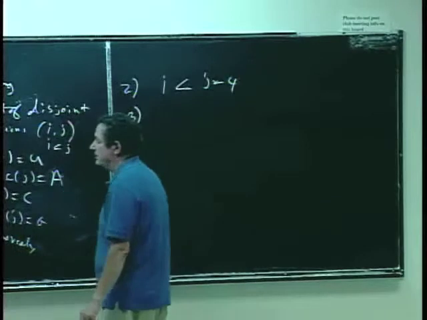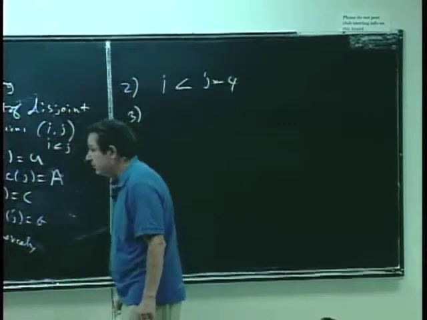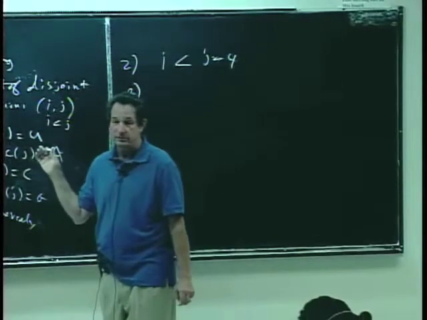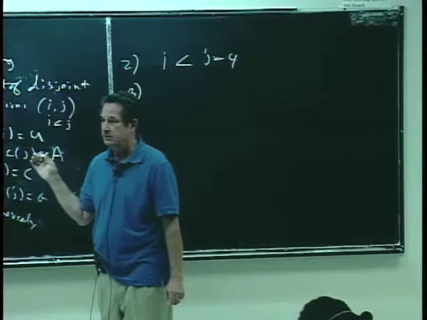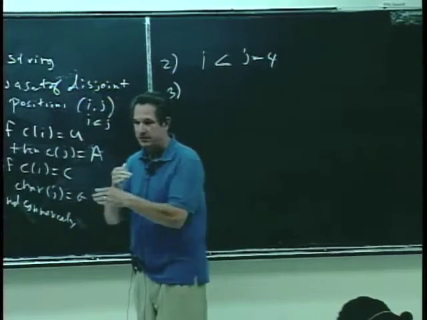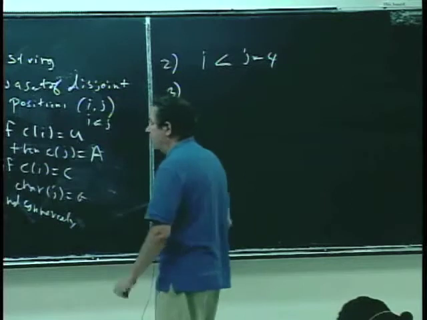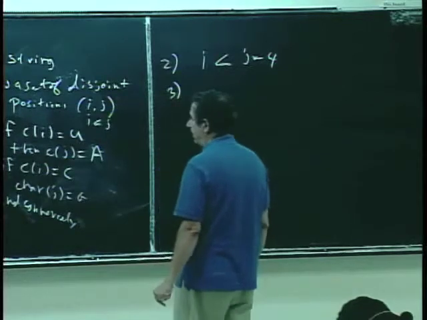3 is the most interesting one, which is the non-nesting, the non-intersecting. And how do I write that mathematically?